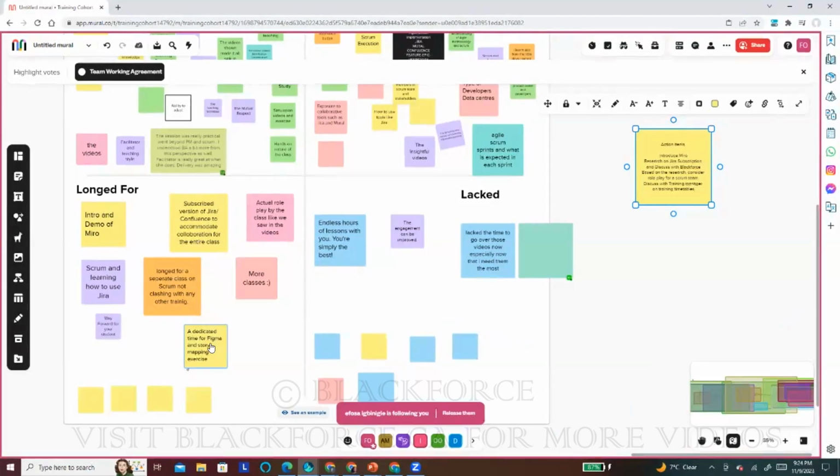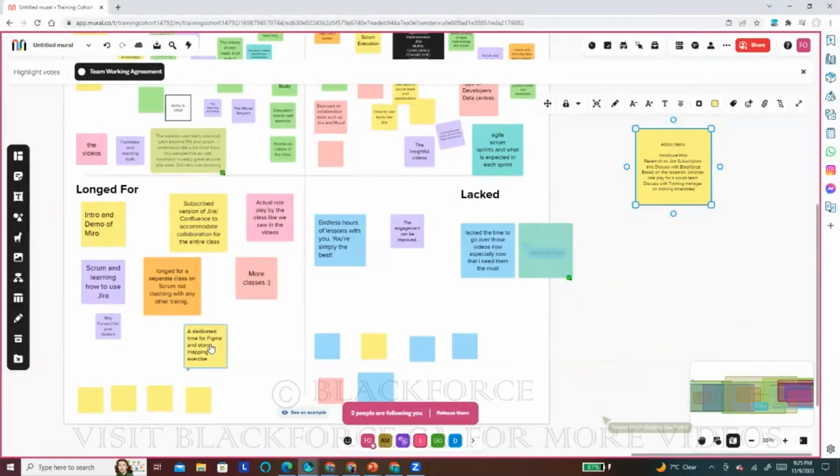But that's good. The engagement can be improved. So who wrote that? Is it in terms of how we discuss with each other, or giving opportunities for people to talk more, or giving them homework to do? Do you have something in mind that you want us to think about? Who added that?